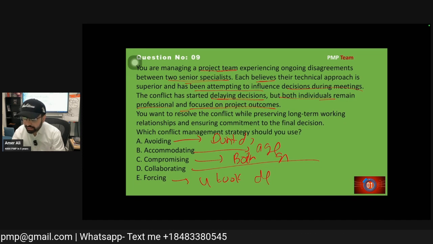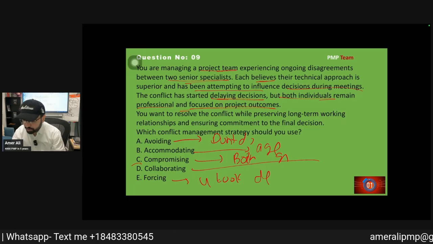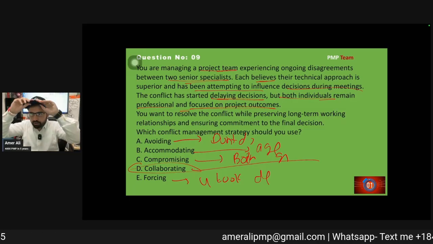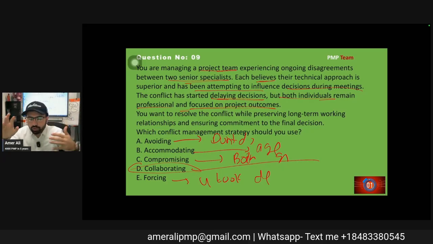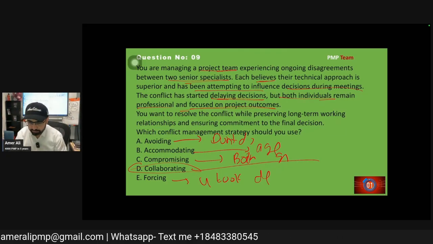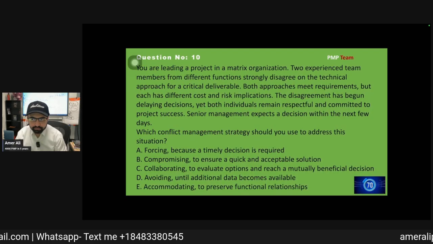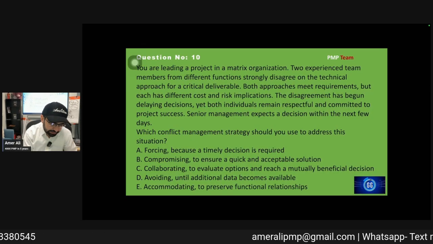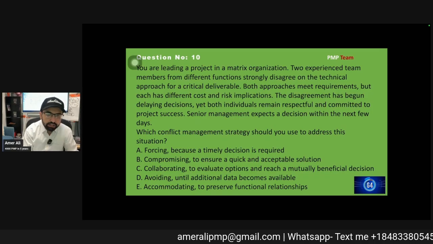So this is the classical example of collaborating. You remain focused on the project outcomes, you did not do anything bad, so that is a classical example of collaborating. Now this question I specifically put so that you can understand how each question is different.